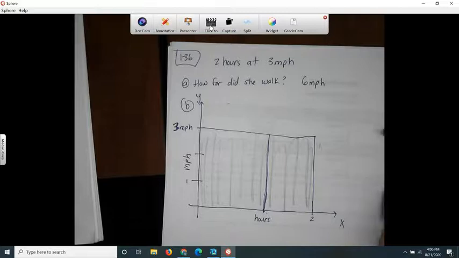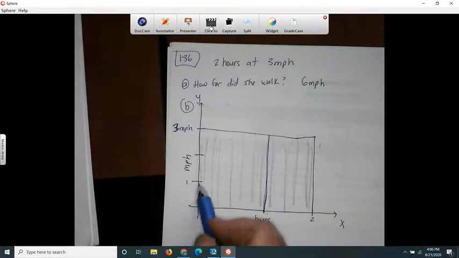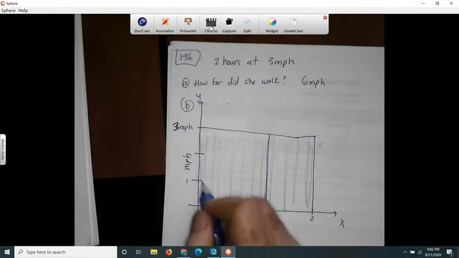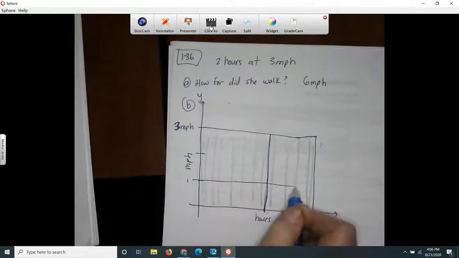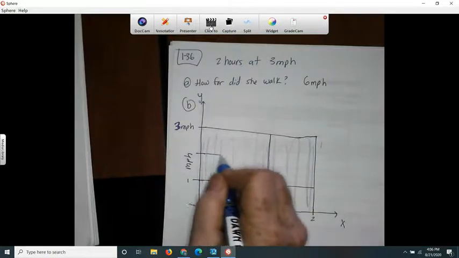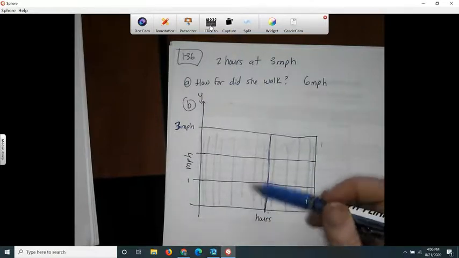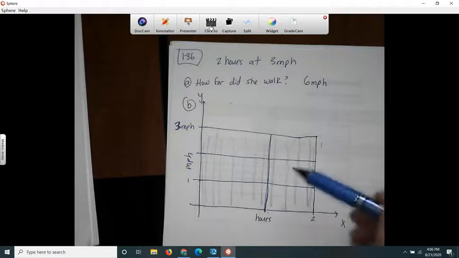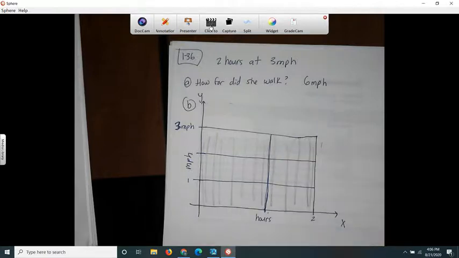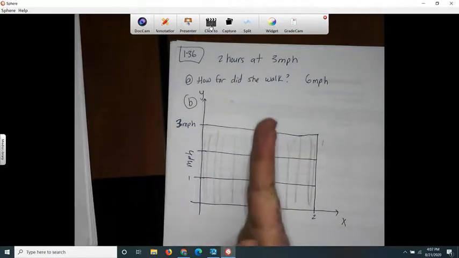And then it says draw horizontal lines at the 1 mile per hour and 2 mile per hour marks. So if this is 1, this is 2, this is 3, I need a horizontal line at the 1 mile per hour mark and at the 2 mile per hour mark. And I see that that gives me 1, 2, 3, 4, 5, 6 rectangles that should be all the same size. I wish it was a computer and I could just pull my line over and it would be more even.